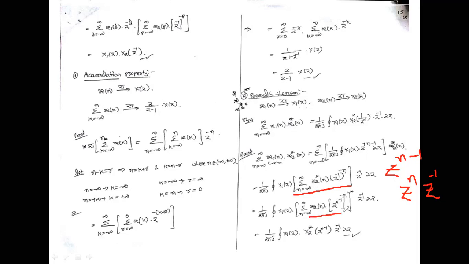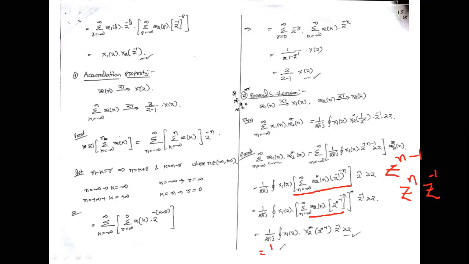The two properties you can use here. One is the time reversal property, as a z inverse we will get, and the conjugate property, so it becomes x2 star of z star inverse, or otherwise 1 by z inverse.